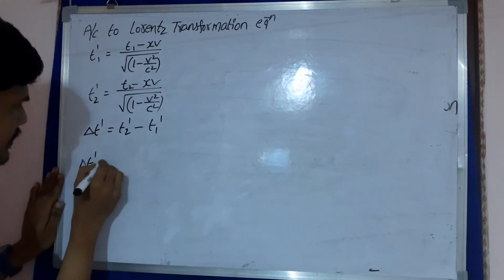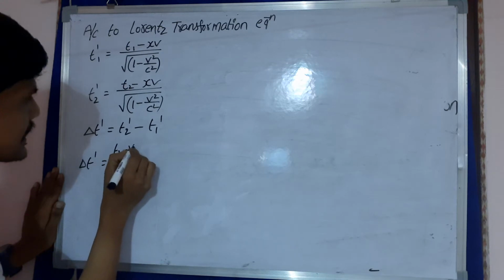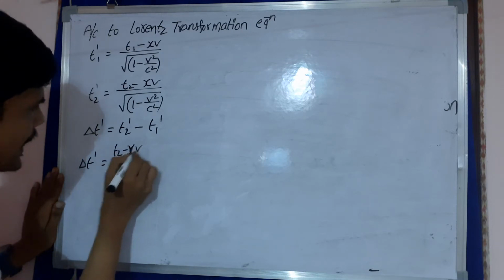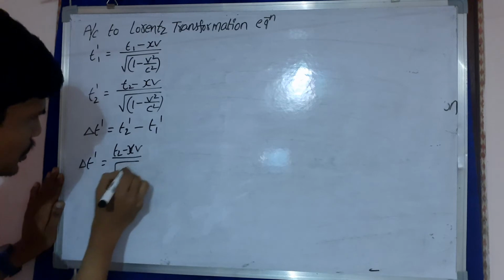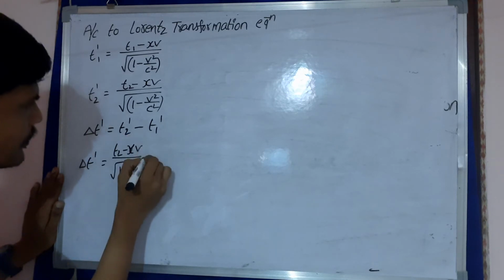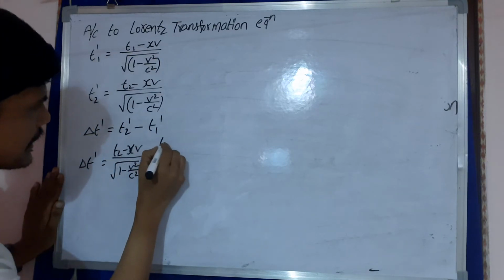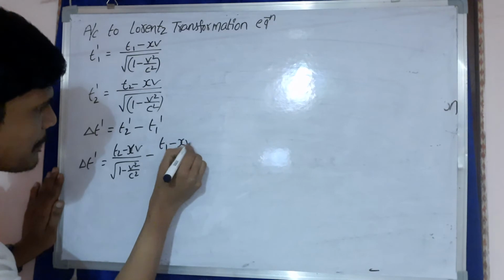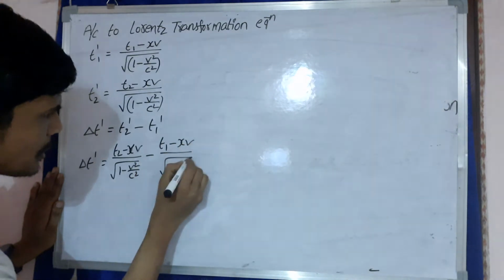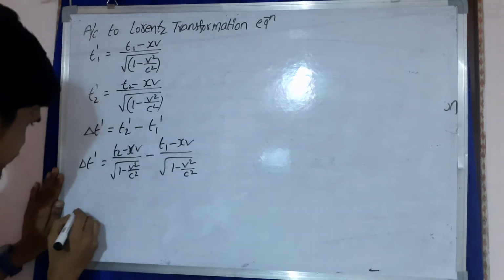That is, delta t dash equals t2 minus xv by root over 1 minus v square by c square, minus t1 minus xv by root over 1 minus v square by c square.